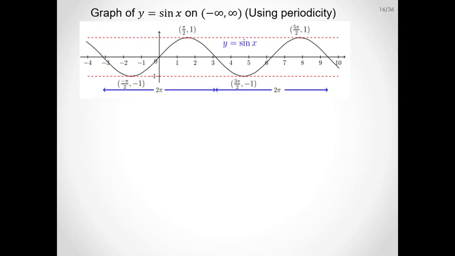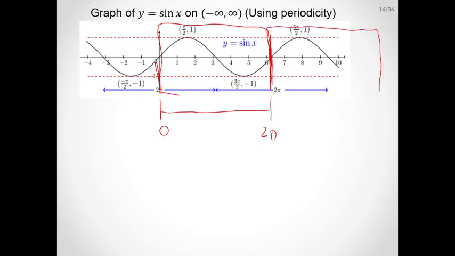And one other thing I want to tell you is you can take any picture of 2 pi length. Take the picture from 0 to 2 pi, for example. It's up to here, so 0 to 2 pi. Now you can take this frame of the graph and make copies, because this is 2 pi, and you can put the same thing here and you will get the same graph.